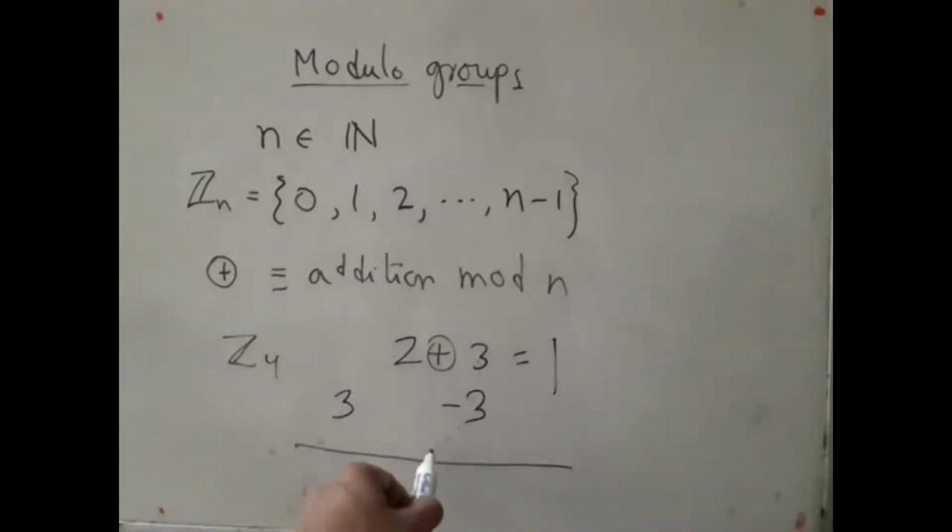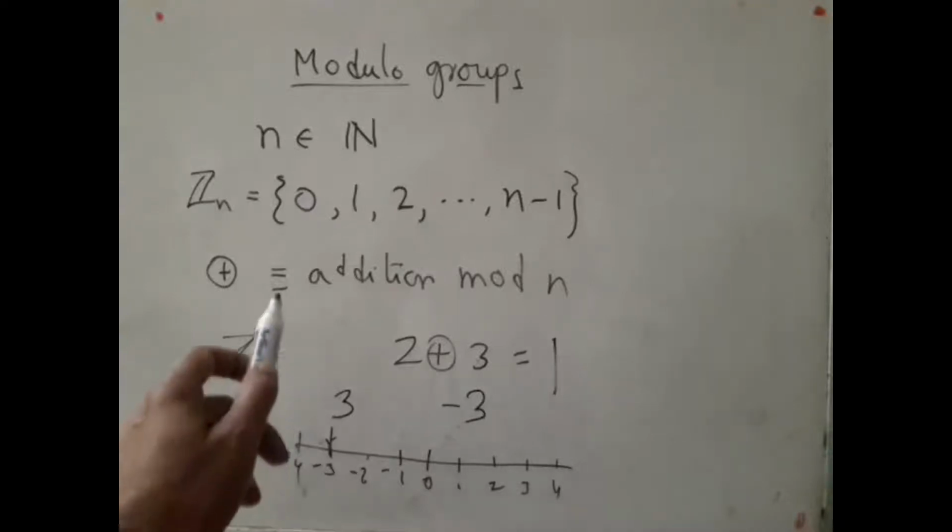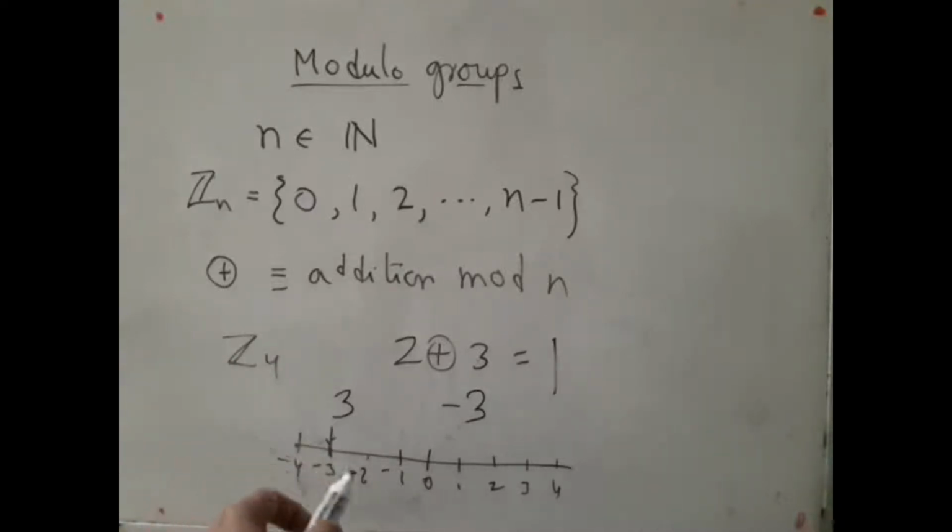Just imagine the number line, 0, minus 1, 1, 2, 3, 4, the entire number line, no modulo thing here, minus 3, minus 4, and your minus 3 lands here. So when I say divide by 4 and take modulo, I mean identify that multiple of 4 which is to the left of minus 3.